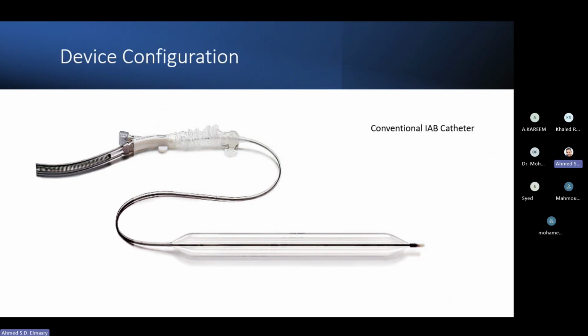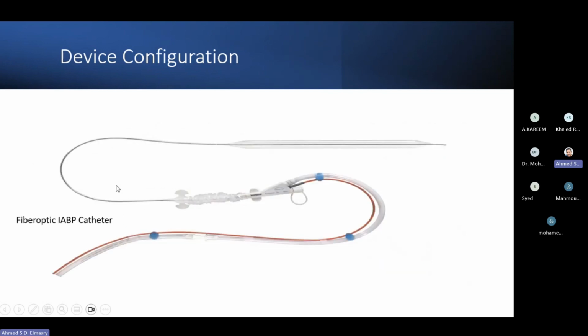There are many catheters. In the conventional intra-aortic balloon catheter, you will see a port for connection of the helium and another port for connection to the arterial transducer. And the new one, the fiber optic intra-aortic balloon catheter, has three ports attached to the catheter.